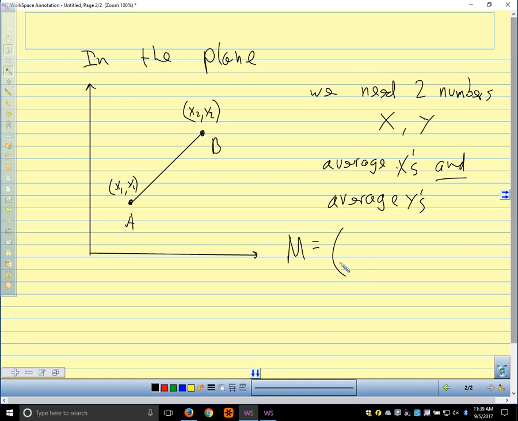We're going to add the x's, x1 plus x2, divide by 2. That gives us the x coordinate of our midpoint. And we're going to add the y's, y1 plus y2, divided by 2. And that's going to give us the y coordinate of our midpoint. So we get an x and a y. Average the x's, average the y's.